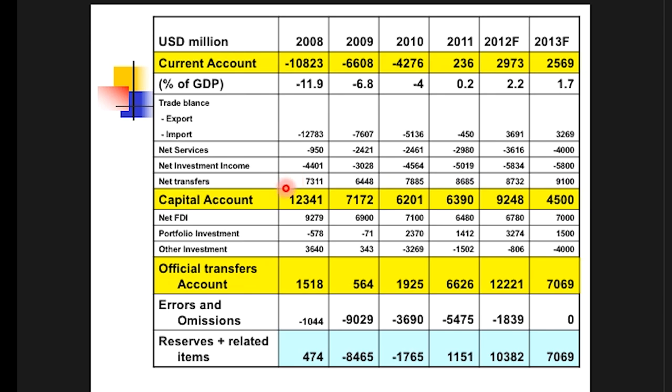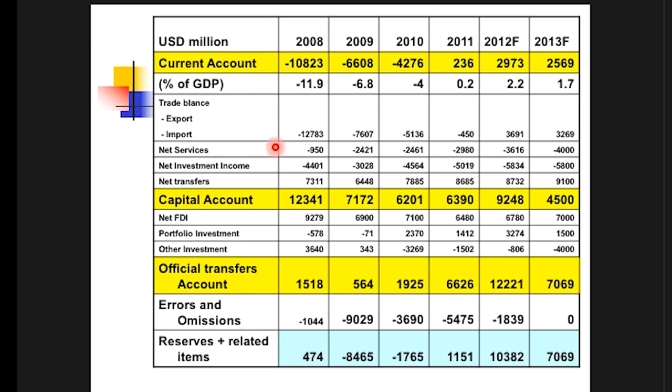Second, the capital account balance is also the sum of the three sub-account balances, 1, 2, and 3. And so we have the result for the capital account of positive $12,300 US.